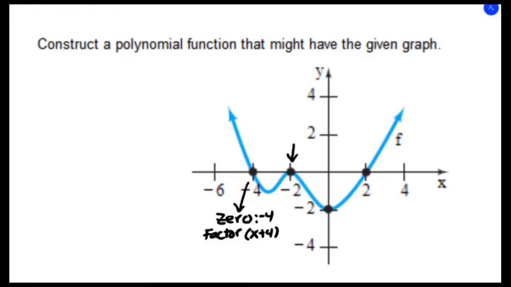Here we have a 0 of -2. However, this particular 0 is touching the x-axis, and that means that it has a multiplicity of 2. So I know that instead of having just one factor of x plus 2, it's going to have two factors of x plus 2.